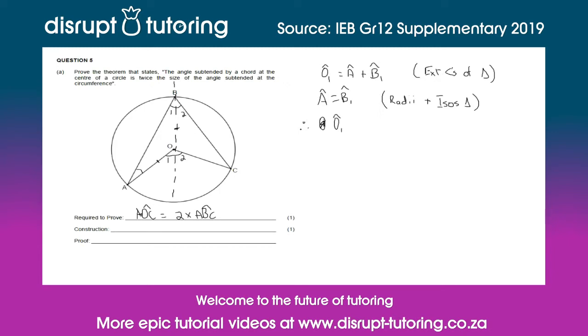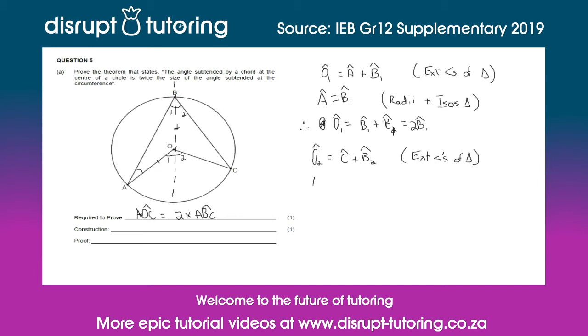So then we can say that angle O1 should equal, substituting A in for B1, B1 plus B1, which will equal 2 B1s. The same thing happens in the other triangle, so we know that angle O2 will equal angle C plus B2, and remember to always give your reason: exterior angles of a triangle.